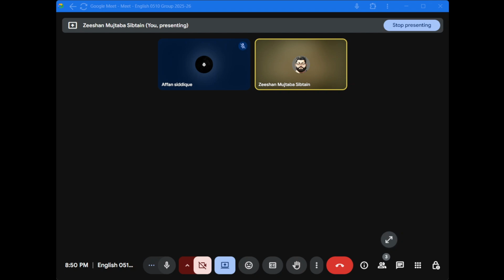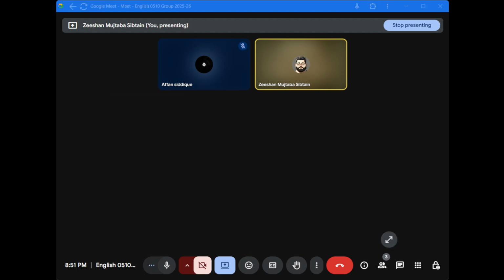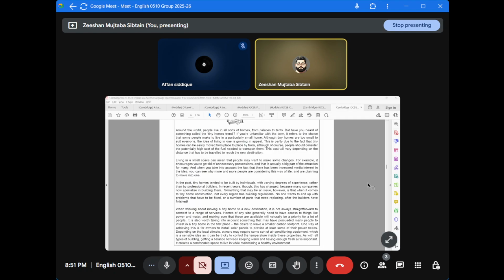The topic is tiny homes. It's a recent lifestyle trend in which people choose to live in very small houses. So there are the notes, but first the text. That's the whole text on screen. Let me know when you're done reading. Okay.